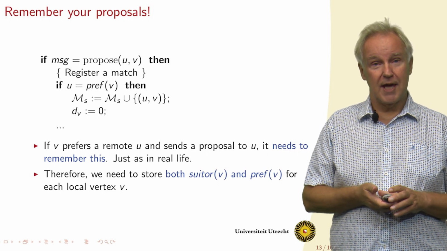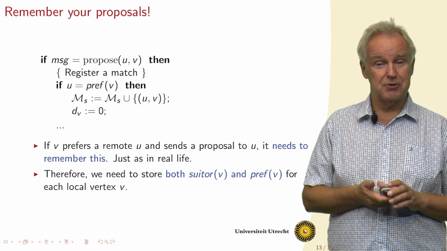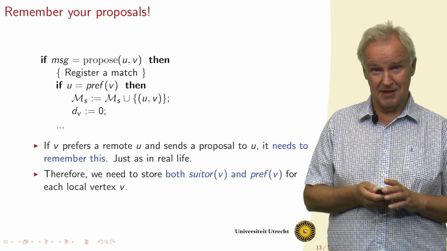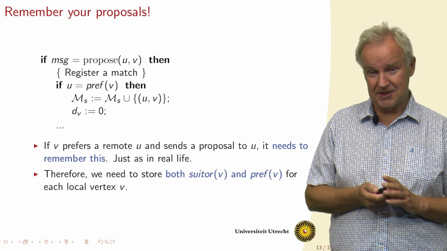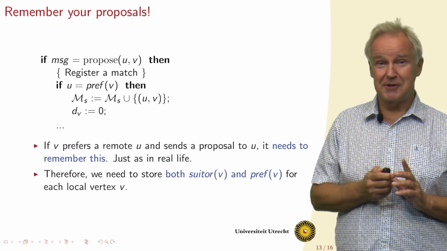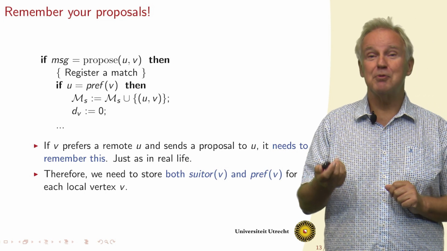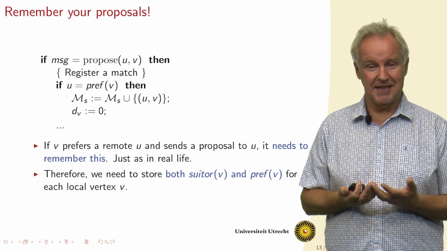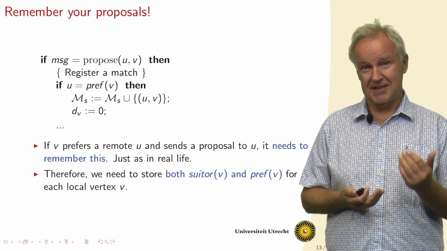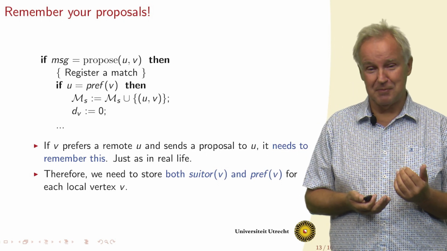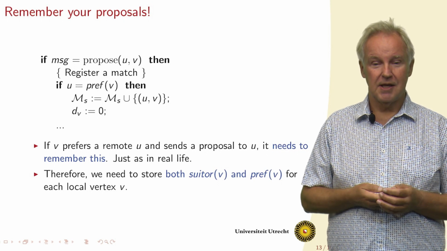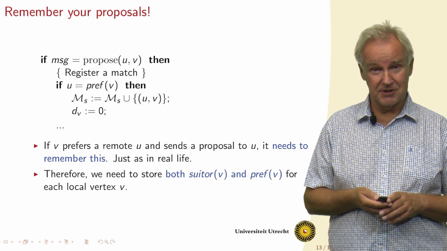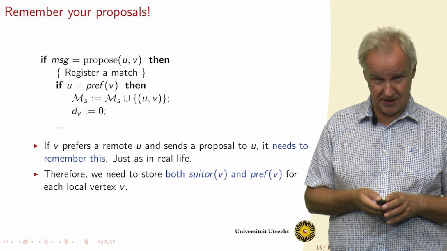If you have received a proposal, and U, the one who proposes to you, is the preference of V, then you have a match. It is imperative that you remember to whom you proposed, because only that way we can detect that there is a match. You may get an answer from a remote processor a little bit later. That means that in the parallel algorithm, we need to store both the preference and the suitor of a vertex.